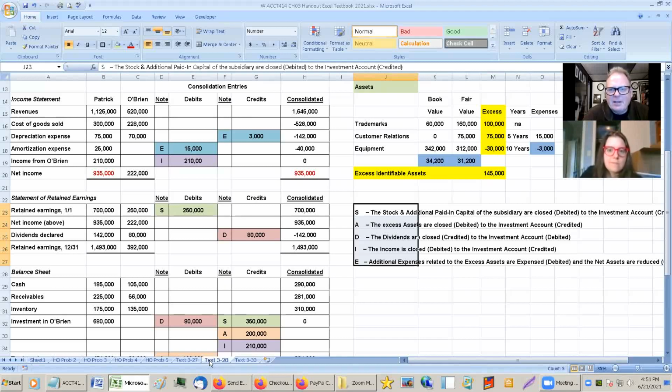I hate to leave you like this, but the next thing we would cover would be what they call non-controlling interest when you own 75% of it. So if you own 75%, someone else owns 25%. So you put 100% of everything on the books because you control 100%.